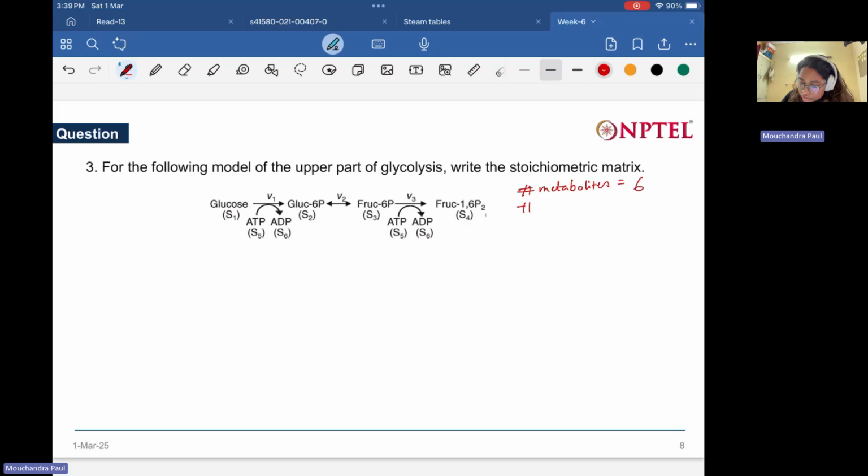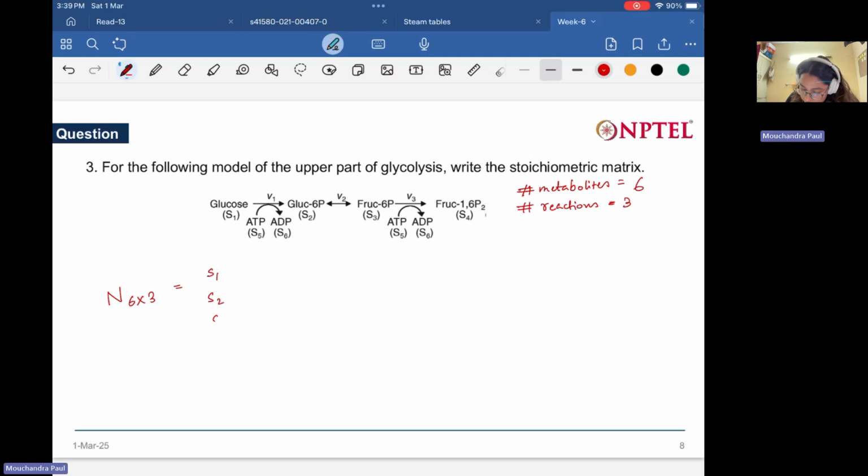And how many reactions? There are 3 reactions. All right. So what is the matrix? The matrix will be M cross N, 6 cross 3. All right. So this will be a tall matrix.